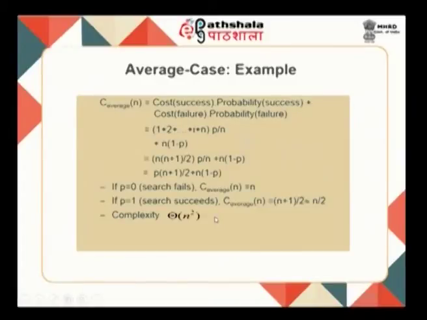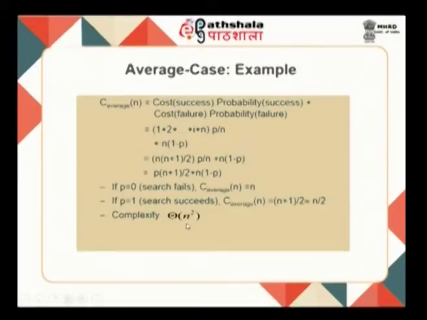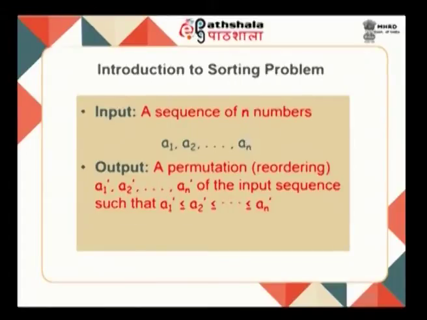In short, the best case analysis is order of 1, the worst case scenario is order of n, and the average case scenario is going to be order of n. Since it can be represented using big O in all the situations, we can easily represent that as theta of n. Okay. So, this is what the algorithm is all about.